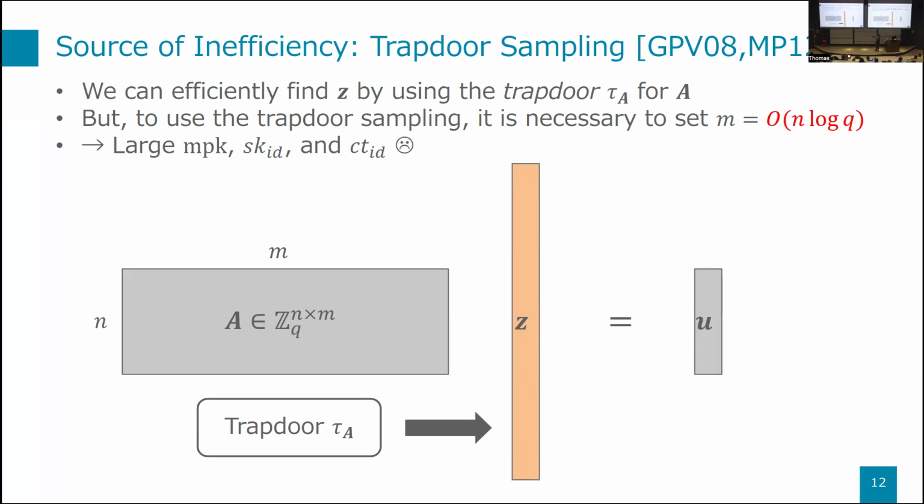But to use the trapdoor sampling, it is necessary to set m equal to order n log q, which is large. This leads to a large matrix A. Then we have a large master public key, secret key, and ciphertext.